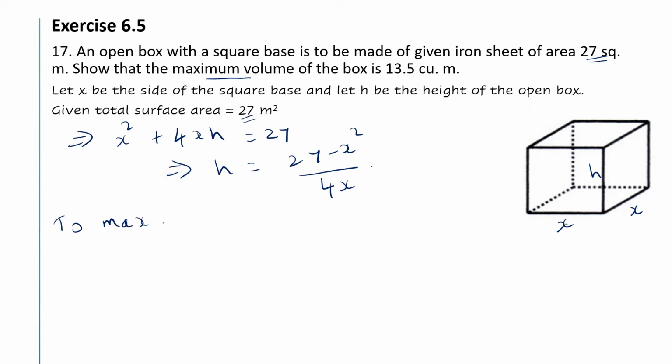So to maximize volume, V is equal to, usually the volume of the cuboid is given by length into breadth into height. Here length is x, breadth is x and height is h.